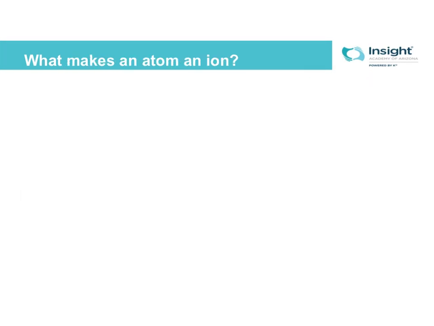So what makes an atom an ion? Based on what you saw, what are some of the things that happen? Hopefully you're saying things like a different number of electrons.